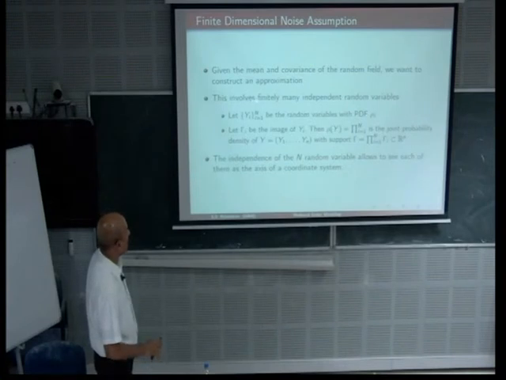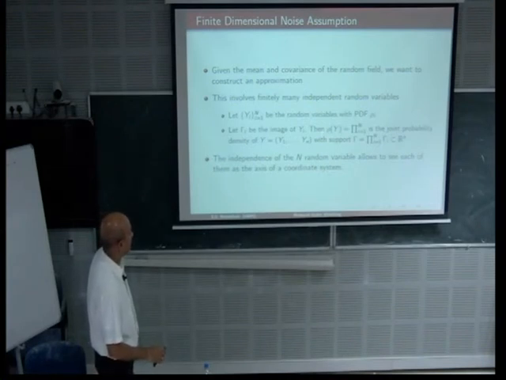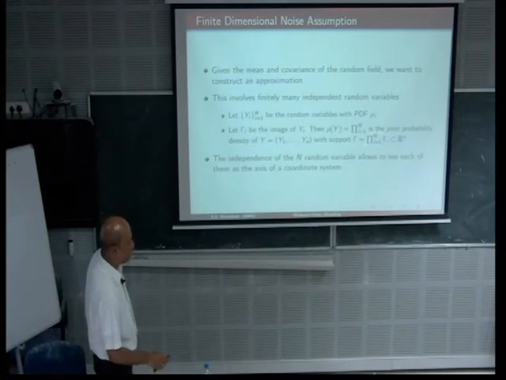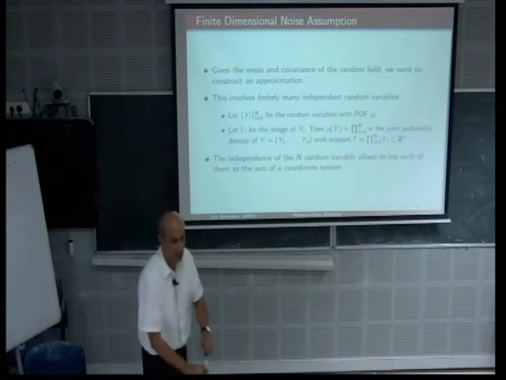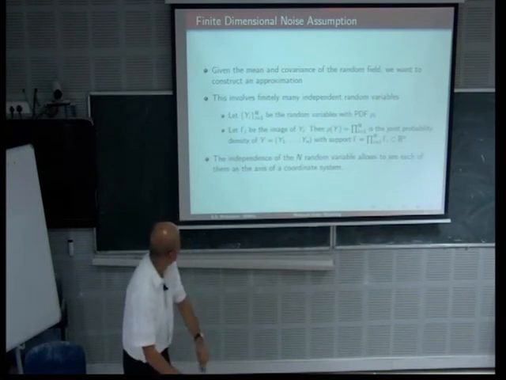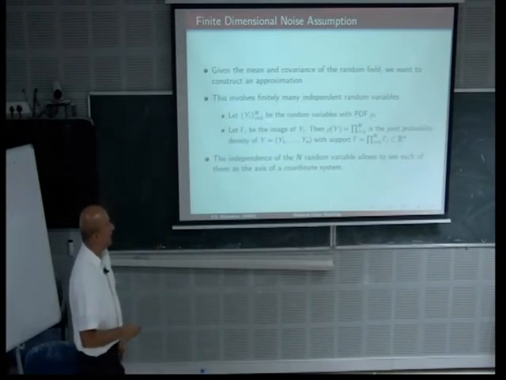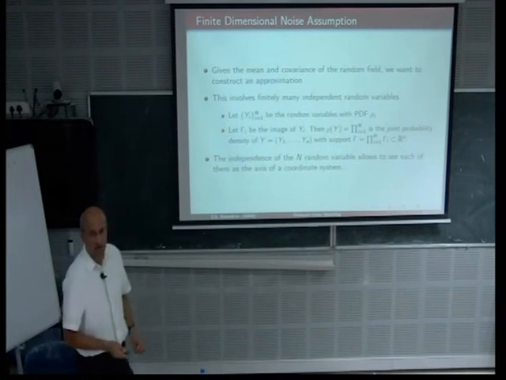Since we are talking about independent random variables, the joint probability density of y is the product of the rho_i. This is a finite number of random variables whose support is gamma, the product of the gamma_i. That gives you a hypercube representation for the random space omega, because you can use the independence of these n random variables to see each one of them as an axis of a coordinate system.